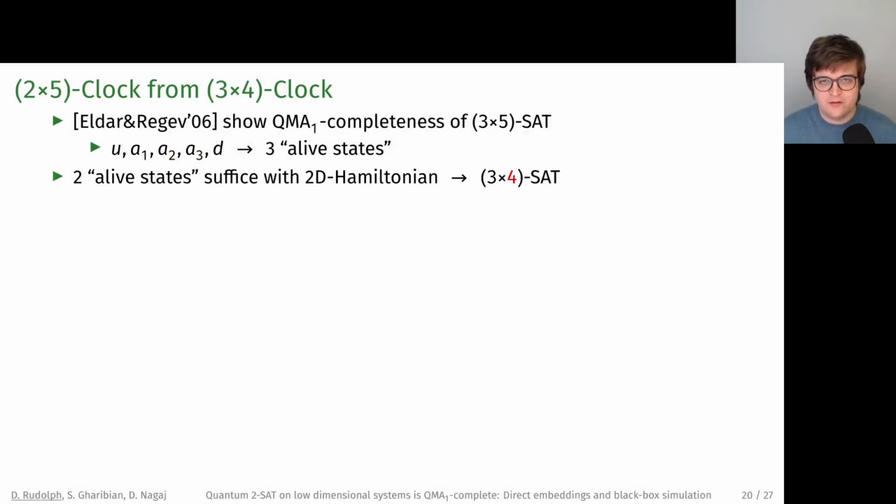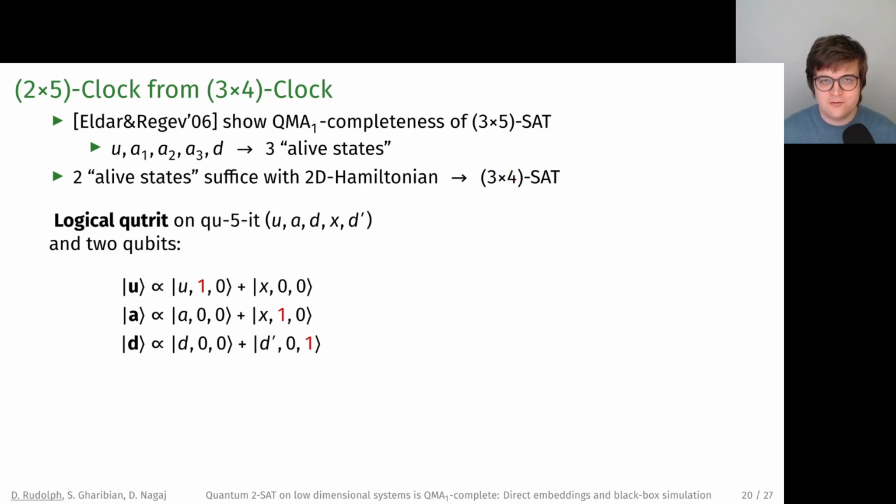But then what we observe is that 2 alive states already suffice in conjunction with the 2D Hamiltonian, and so we get that 3x4 QSAT is QMA1-complete. So then what remains is to transform this 3x4 clock to a 2x5 clock. The basic idea then is to embed the logical qubit on a qu5it with these labels and 2 qubits.